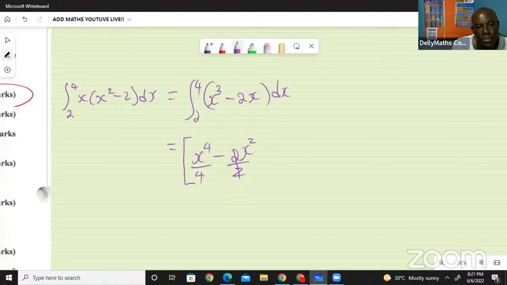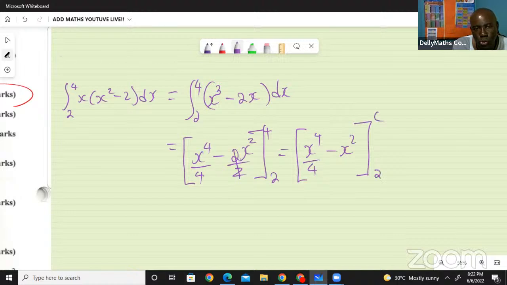So we're moving from 2 to 4. This equals x to the 4th over 4 minus x squared, from 2 to 4. That is what we're going to find the value of now.